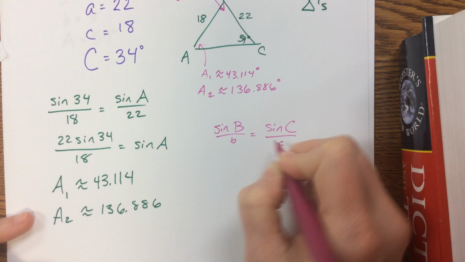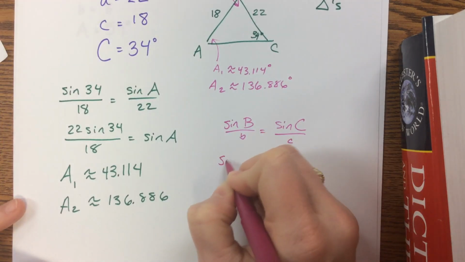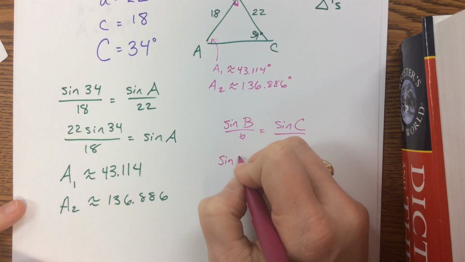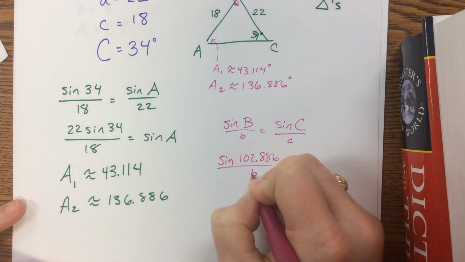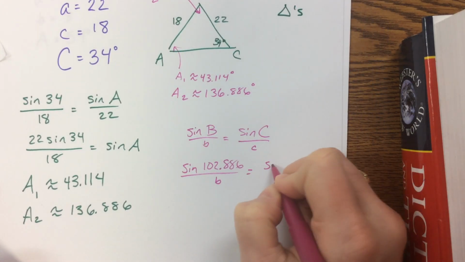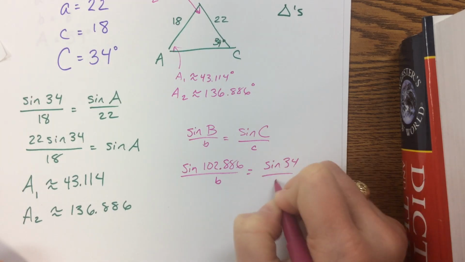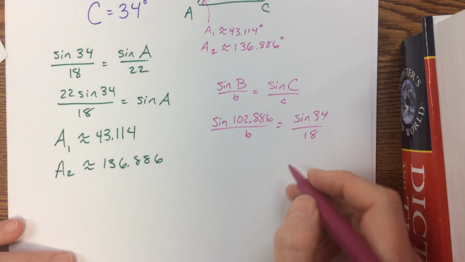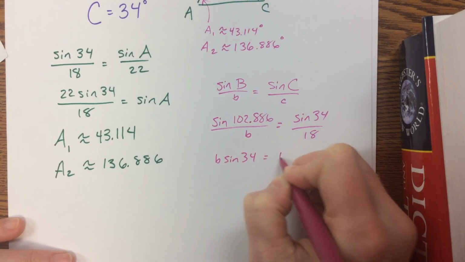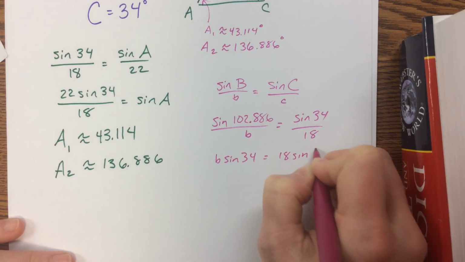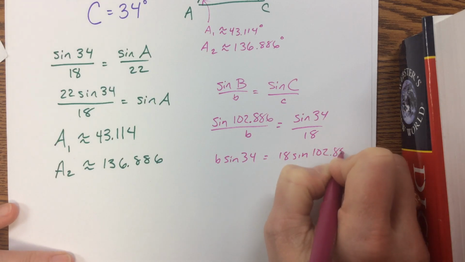So sine of 102.886 over b is equal to sine of 34 over 18. I have b times sine of 34 equals 18 sine of 102.886.